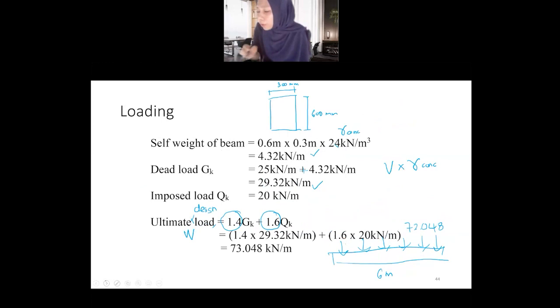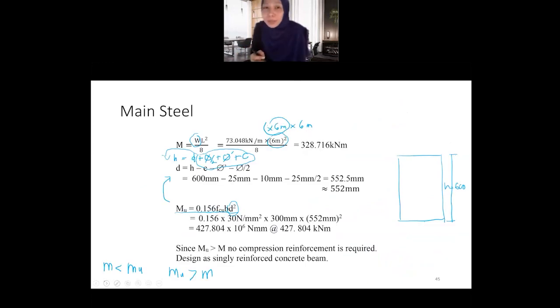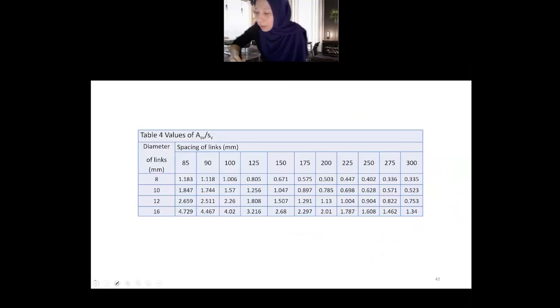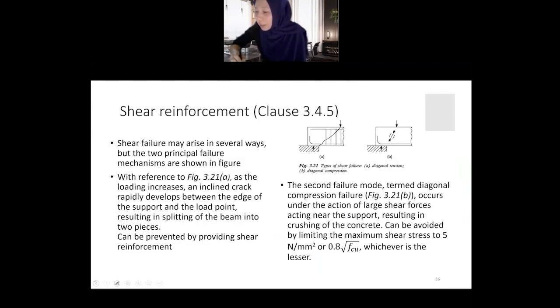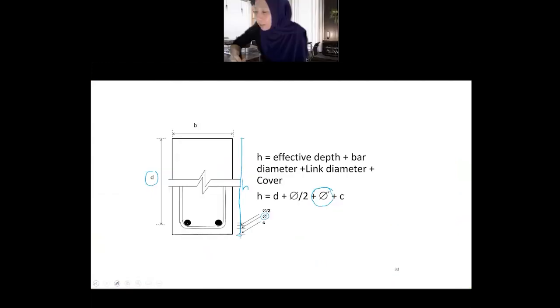So how do we solve this problem? By assuming. Okay. Assume. How do you assume? You cannot assume arbitrarily. Okay. The thing you must make sure is to look at this table.